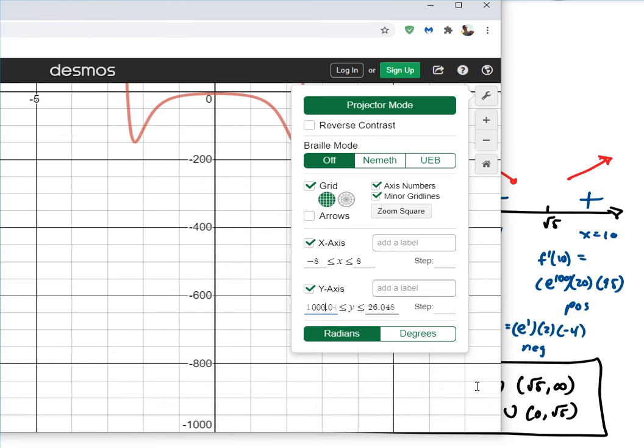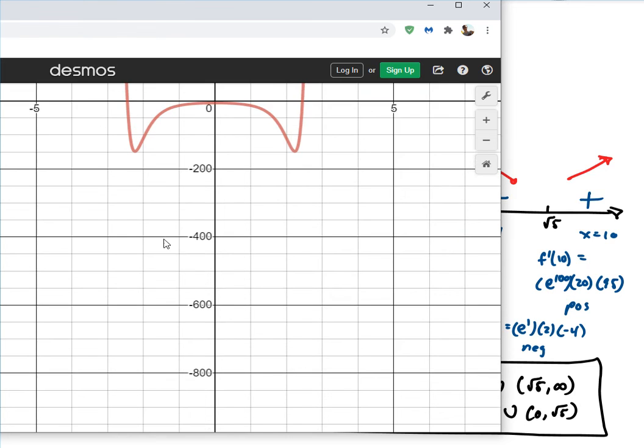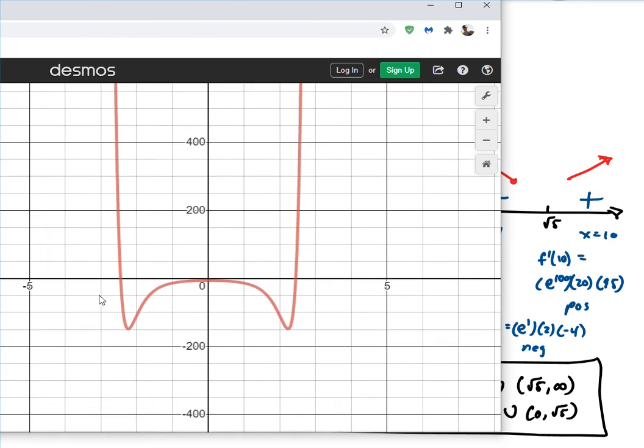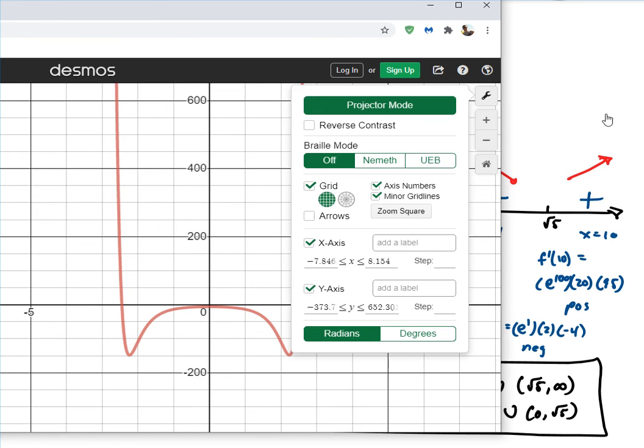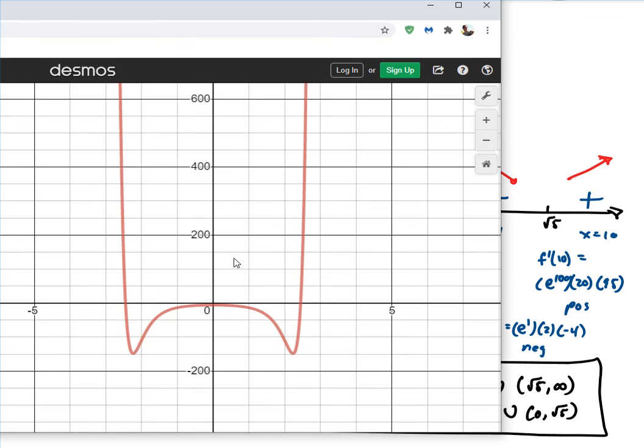Okay, so that works. I'm just making it to where I can see it. Sometimes you might need to change this. This is called the window of the graph, and it's just telling you your smallest x value, your biggest x value, your smallest y, your biggest y. And then I just moved it, so it's changed those slightly, but we can still now see everything.